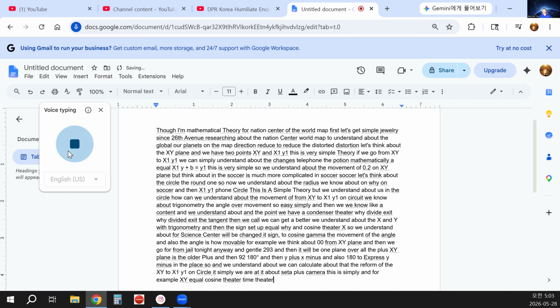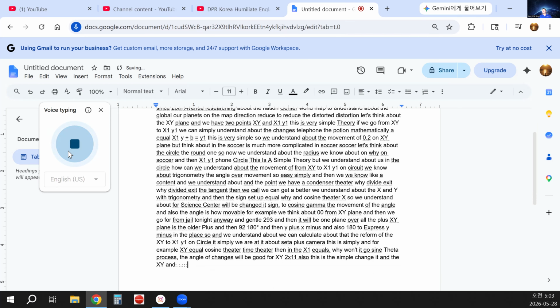Then X1 equals cosine of theta plus gamma, Y1 equals sine of theta plus gamma. The angle of change takes us from X, Y to X1, Y1 on a circle. This is the simple change in the XY.